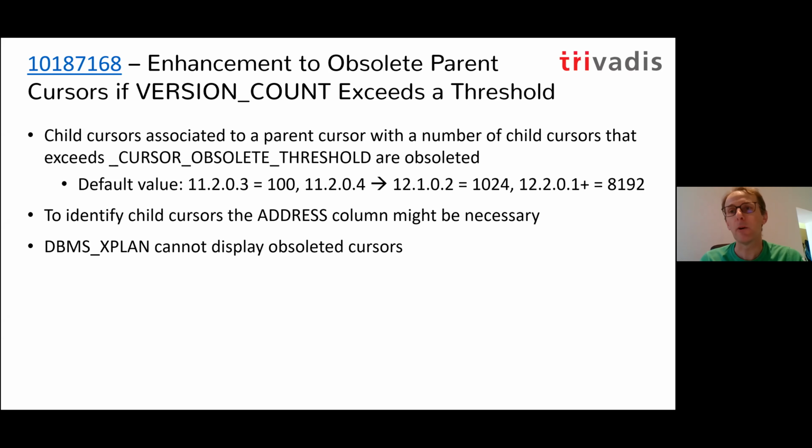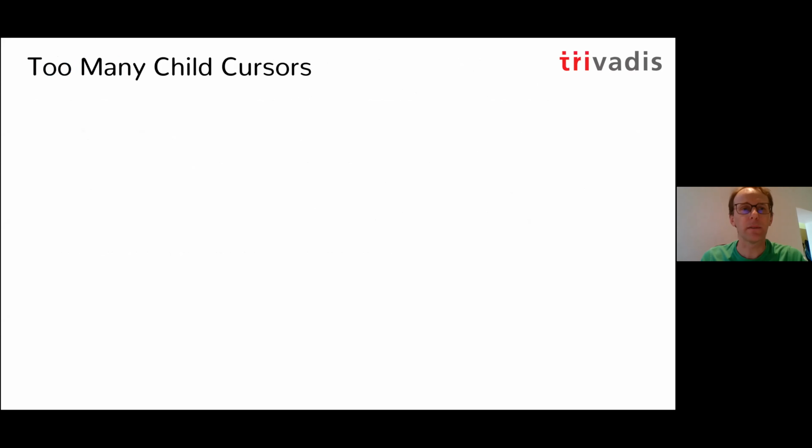Depending on the V$ views, they are also not visible there, but it depends on the view. There were also some bugs associated to them. As soon as a cursor was made obsolete, it would not be shown by some views. So be careful when you have obsolete cursors; they might disappear from your view.